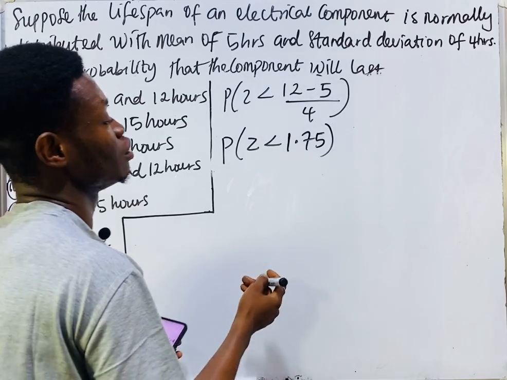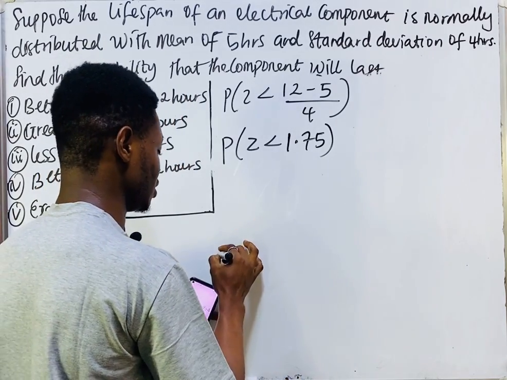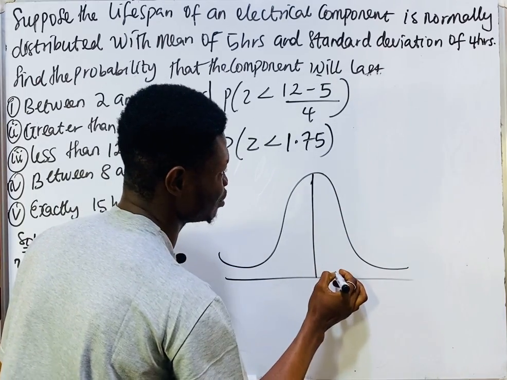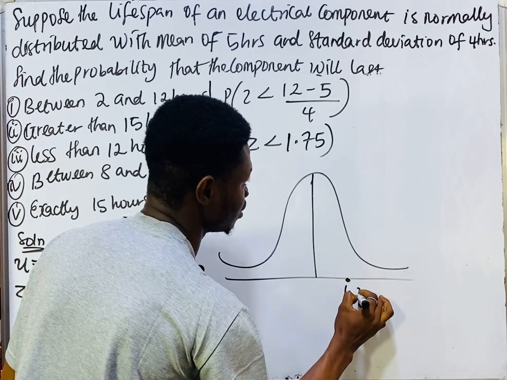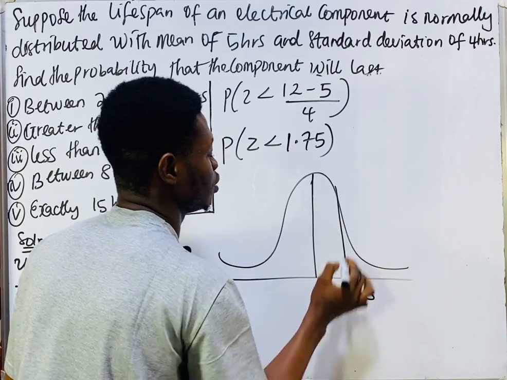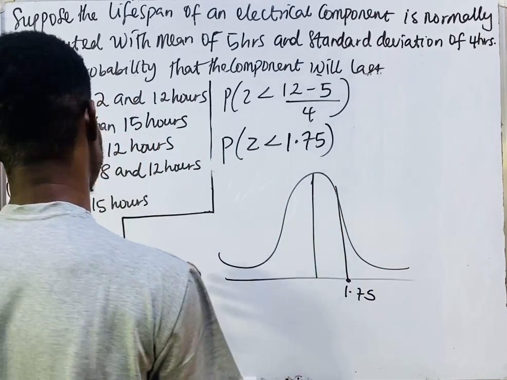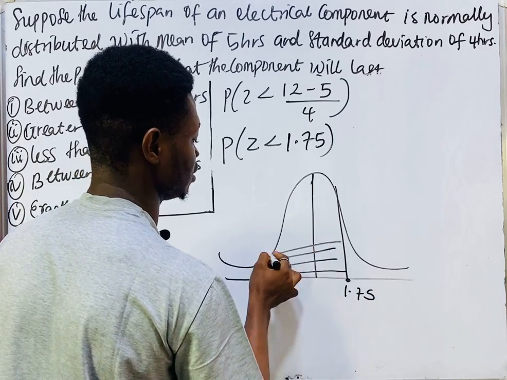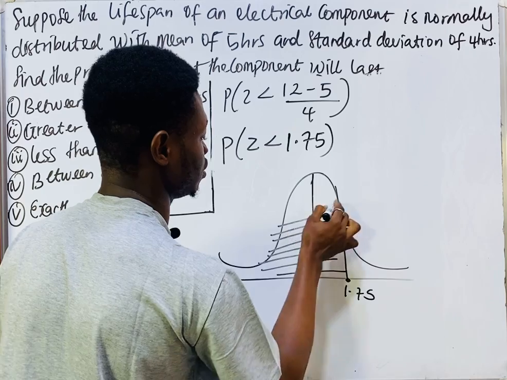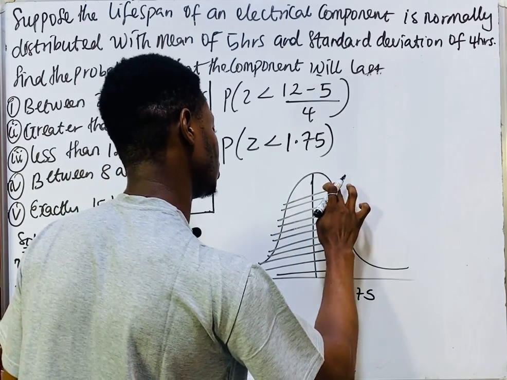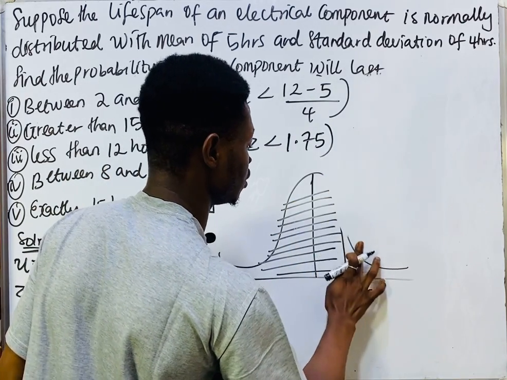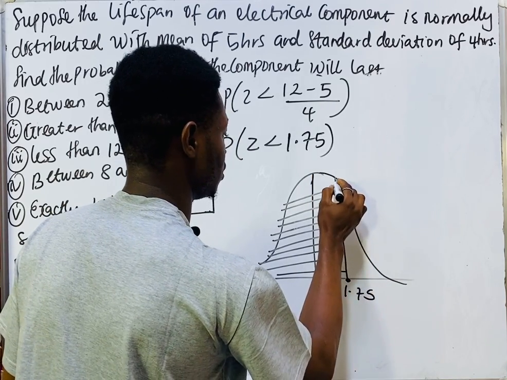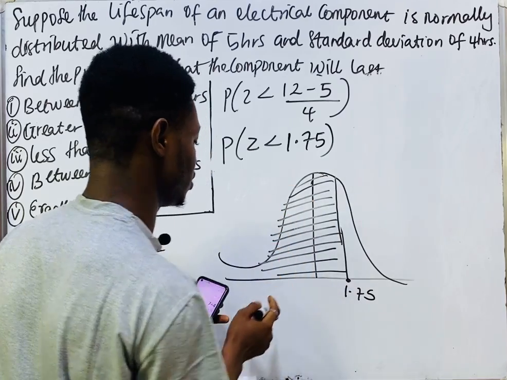1.75, right? So we just draw our normal curve. 1.75 is somewhere here. We are talking about less than, so this is the place we are looking for.